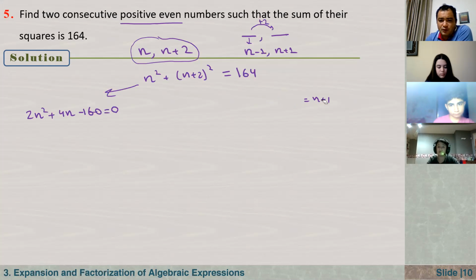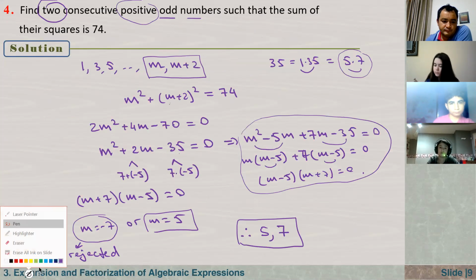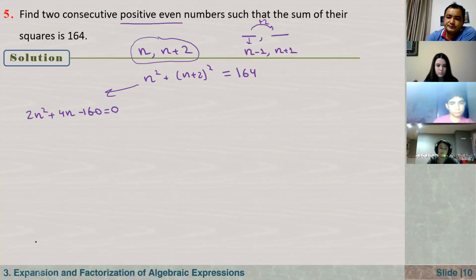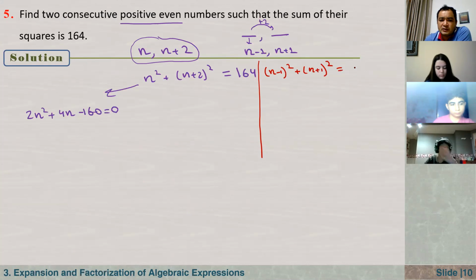Now at that time, see what happens here. Actually, I'm just showing this to give you some idea; in different ways, also making some trick, we can solve this much faster. The sum of their squares, that is (n minus 1) squared plus (n plus 1) squared, is equal to 164.